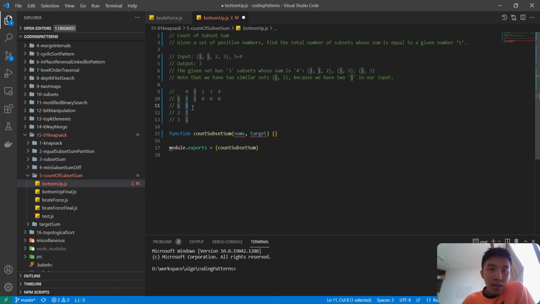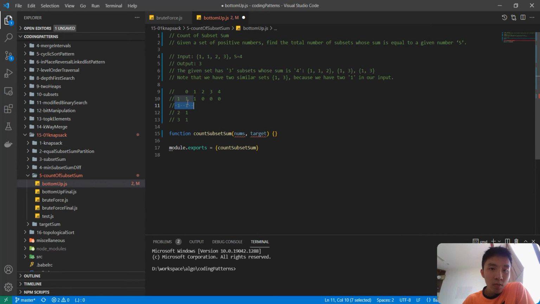But what if I do select one here? If I do select one here, I can take out one from our target sum. So we are left with 0. Again, we look at a smaller problem, because we take one, so we don't consider this row anymore. We go up one row.